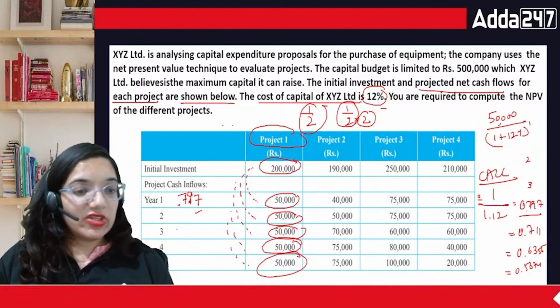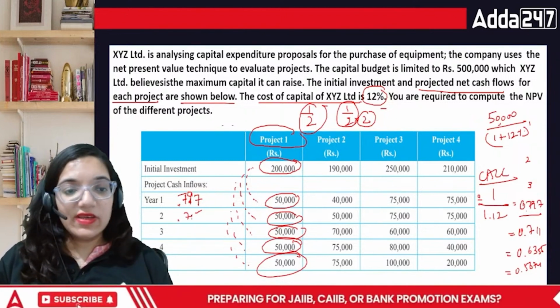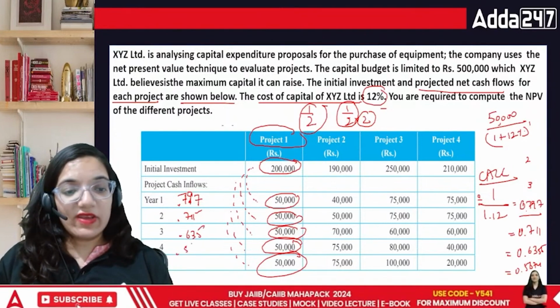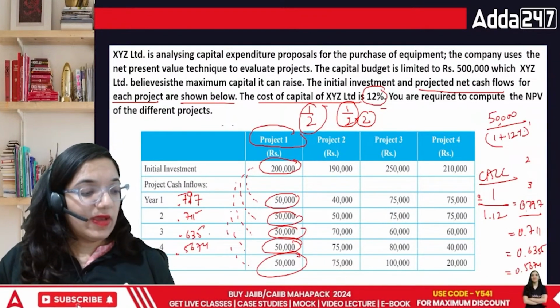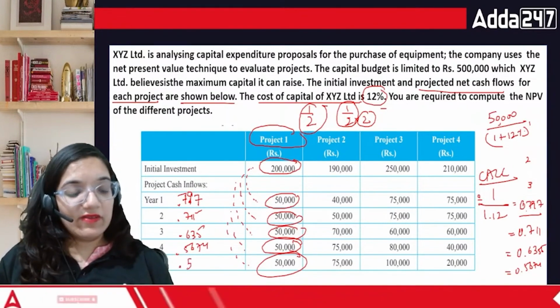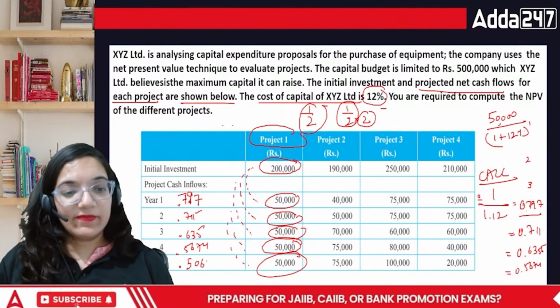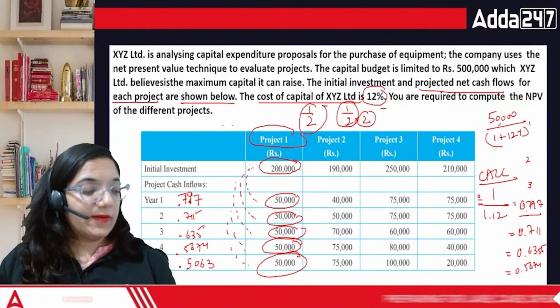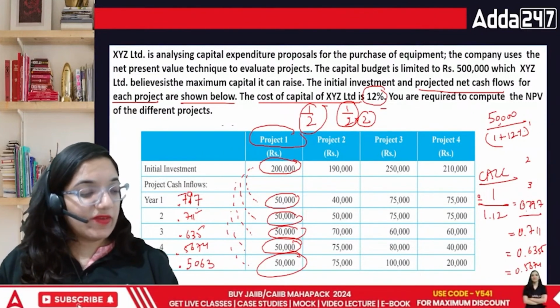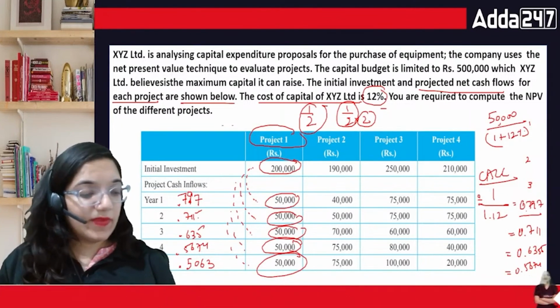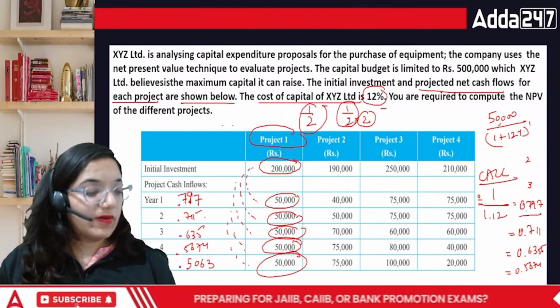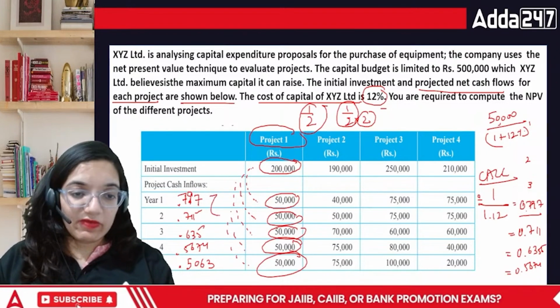So the value is changing every single time: 0.711, 0.635, 0.5674, and the last year is 0.5063. So these are the specific amounts that we are having in terms of our PV factors.